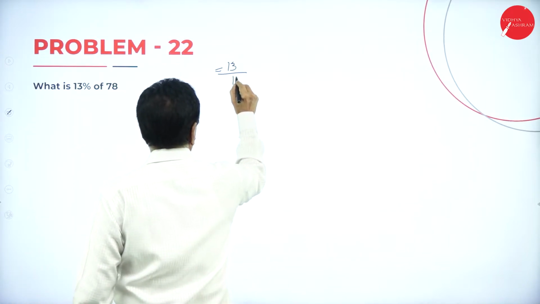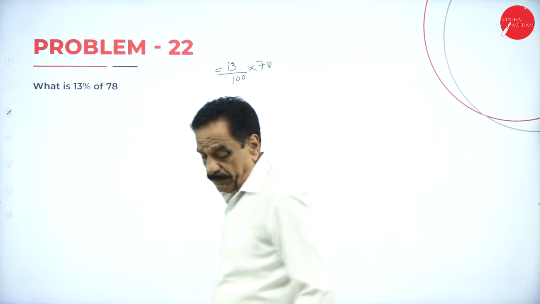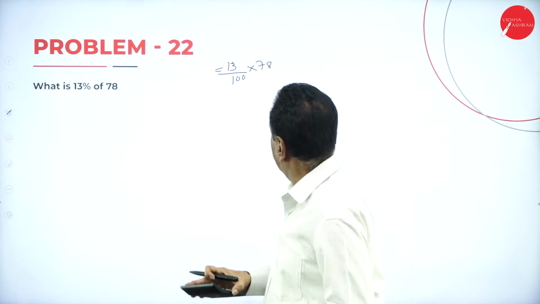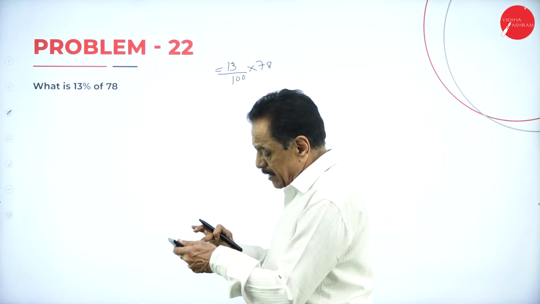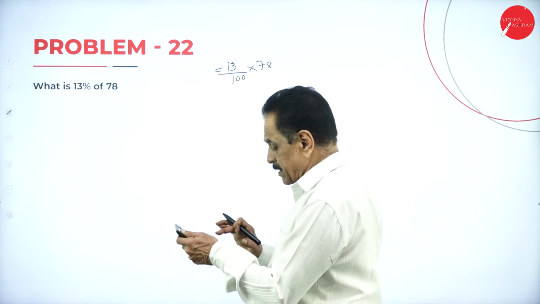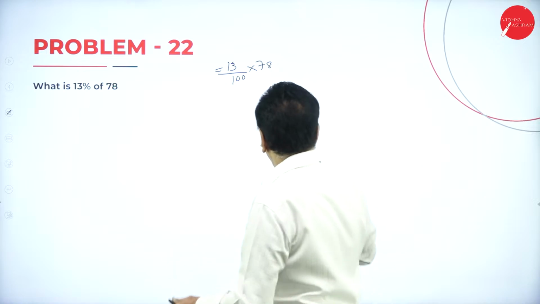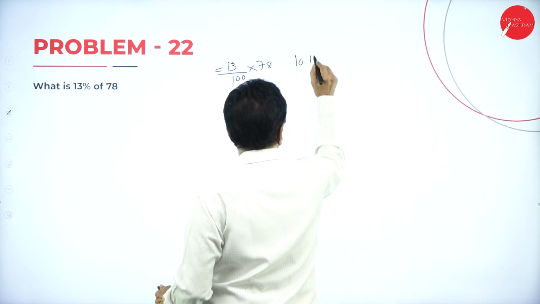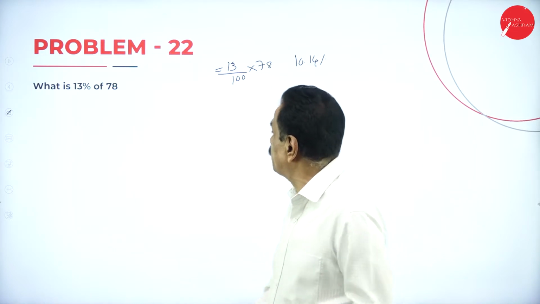Then we'll move on. What is 13% of 78? It is 13 divided by 100 into 78, that is 13 into 78 divided by 100, which is 10.14.